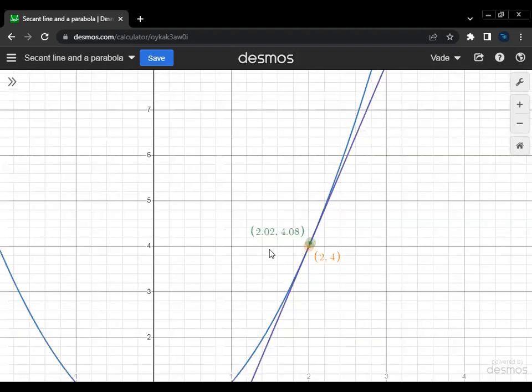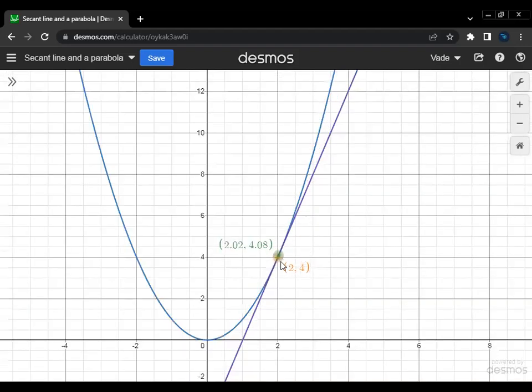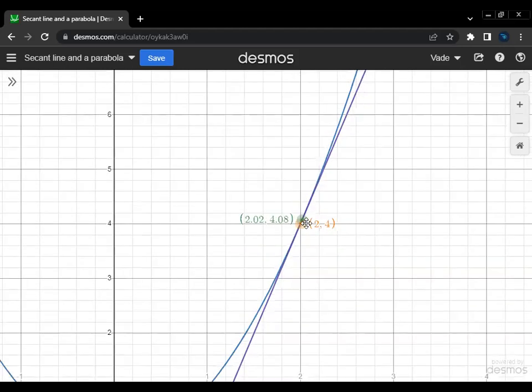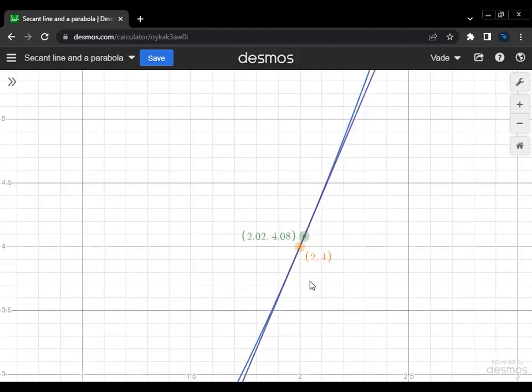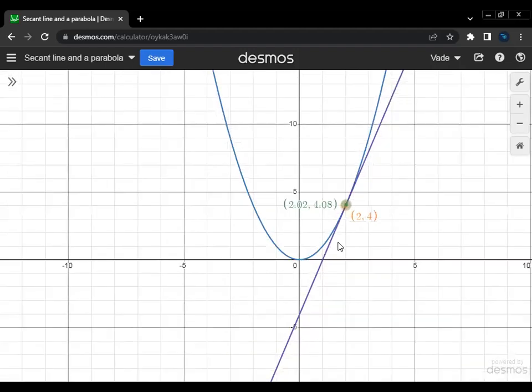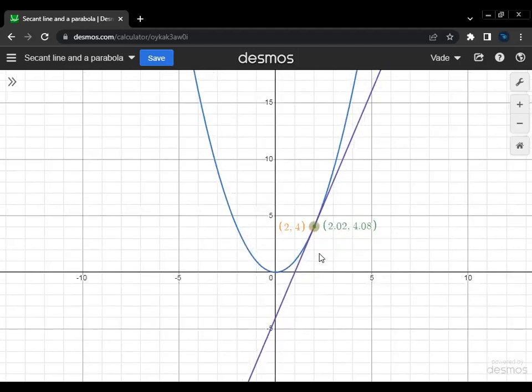But if we make these points closer together, to the point that they look like they overlap, or look like one point, but in reality they are this close together, then we can get the slope. Do you understand? Not exactly, but by approximation or by estimate, we can.